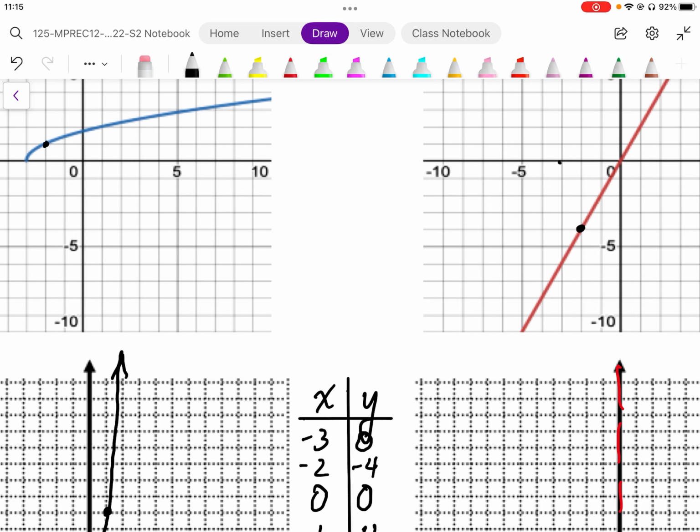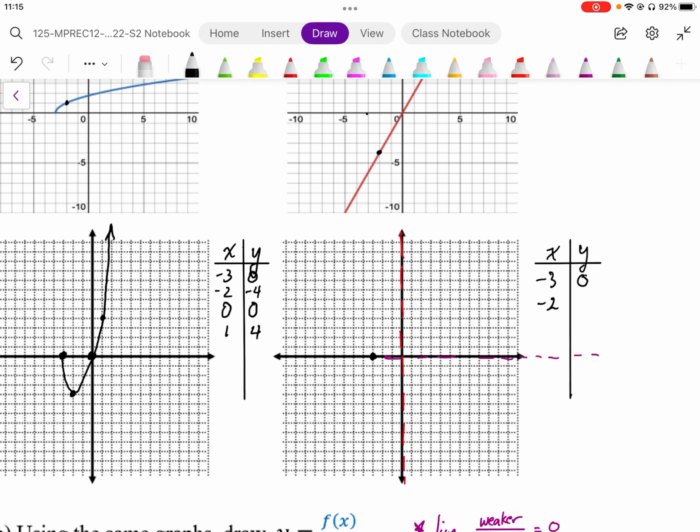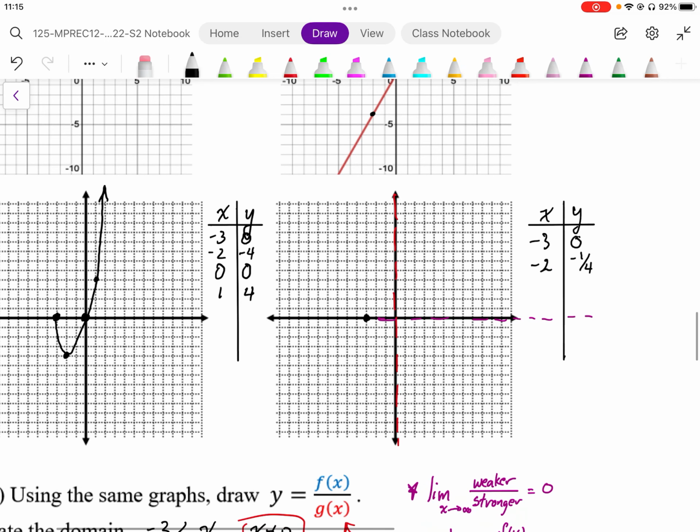Okay, so we're going to have 1 divided by -1/4. That's going to be, sorry, -4. So at x equals -2, we have -4. So we know it's kind of going to go down. So we know our graph's going to go down in that direction and follow the asymptote.